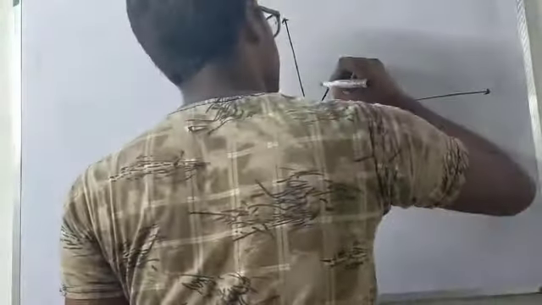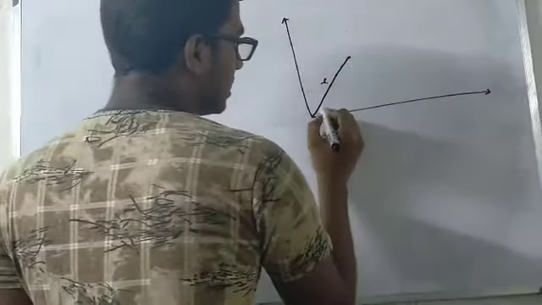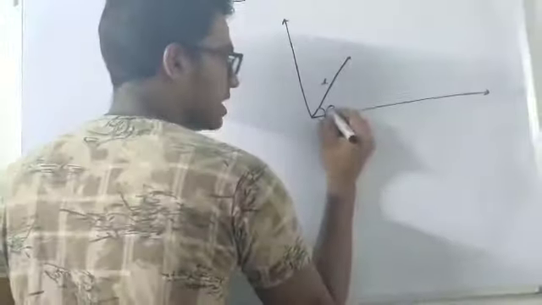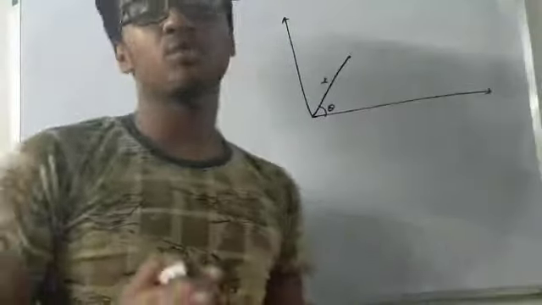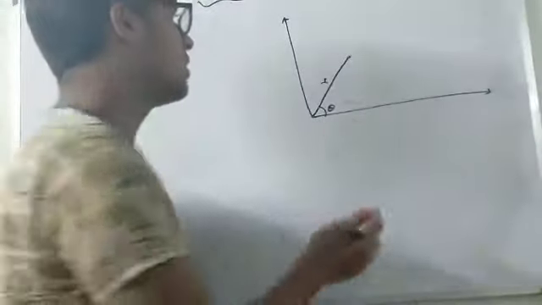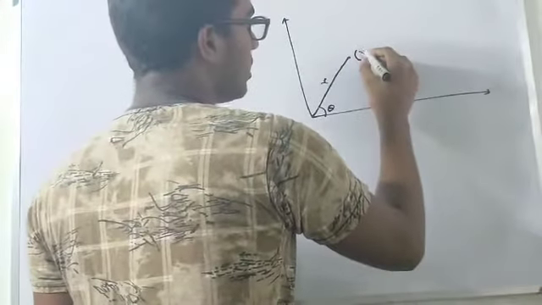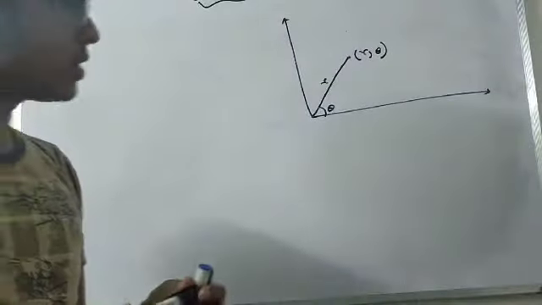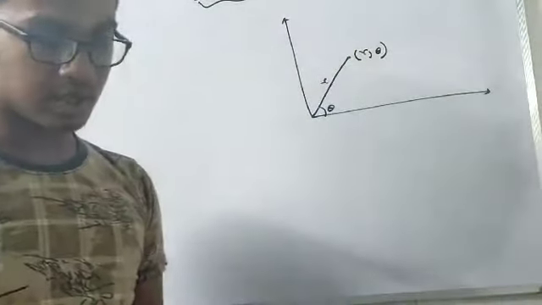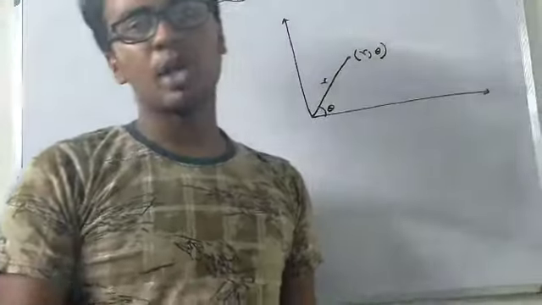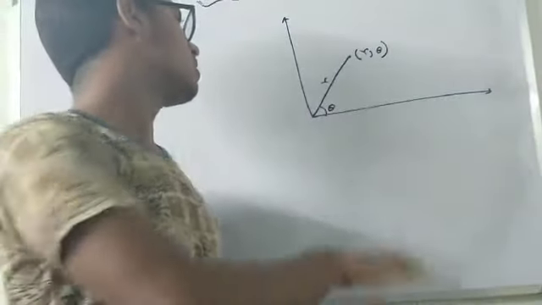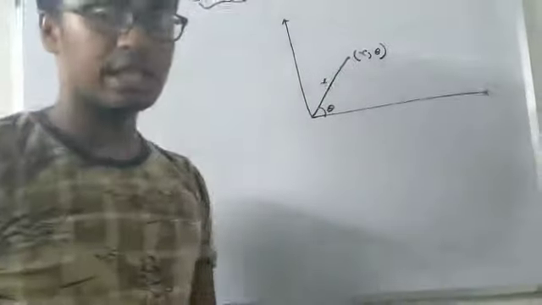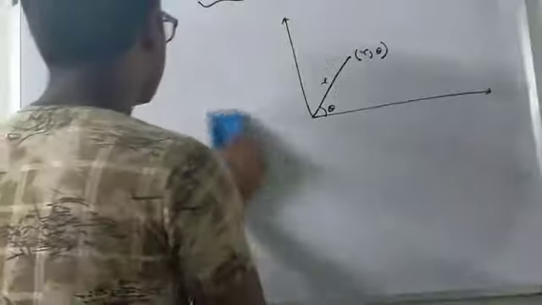Let's say this distance is r, and this line makes an angle theta with the reference line. So according to the polar reference system, I will write the position of the point as r comma theta.